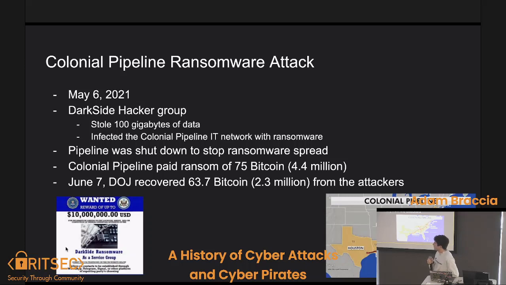Eventually, they paid the ransom of 75 Bitcoin, which equates to $4.4 million at that time. Then they recovered it after an investigation, but only recovered 63.7 Bitcoin. They shut down the pipeline for a little bit, so that was not good for the economy in general.